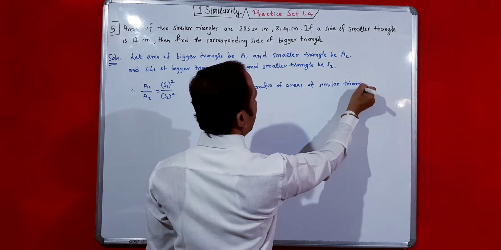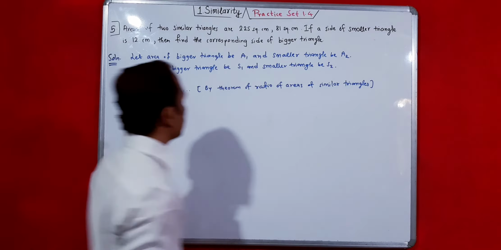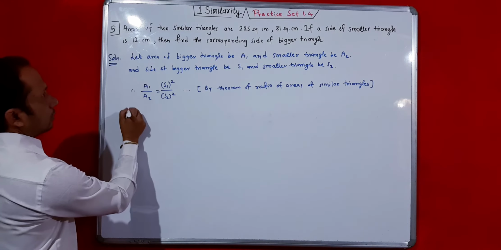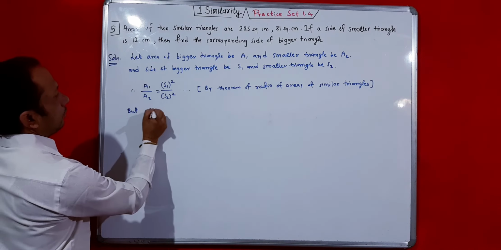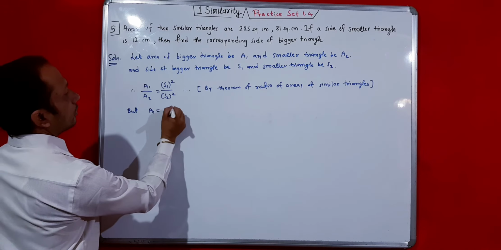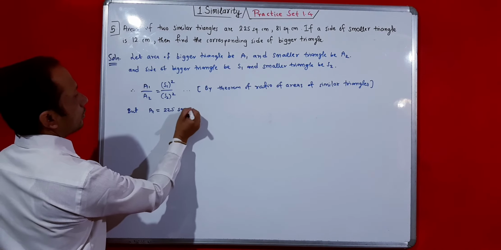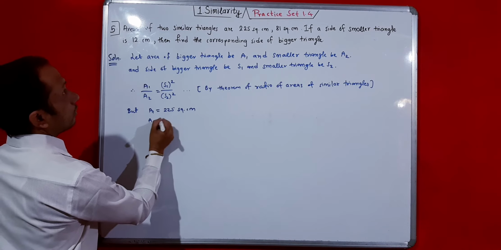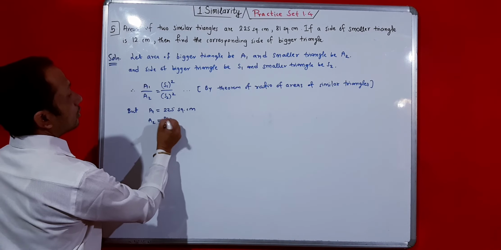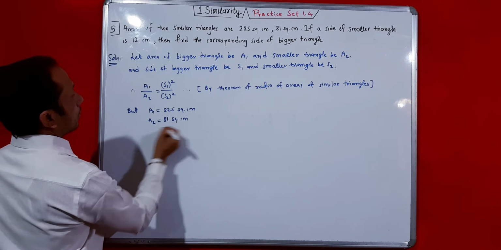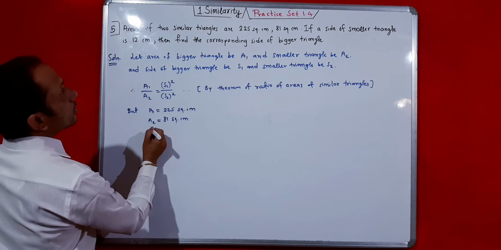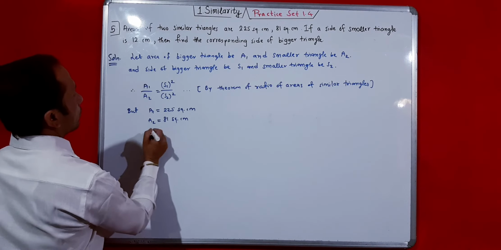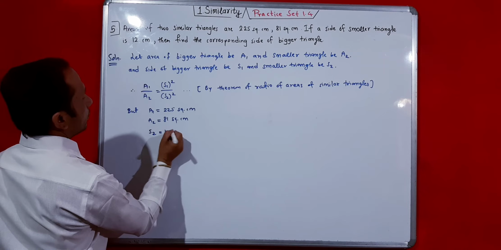So use this theorem. A1 is given, 225 square centimeter, A2 is given, 81 square centimeter, and S2 is given, it is 12 centimeter.